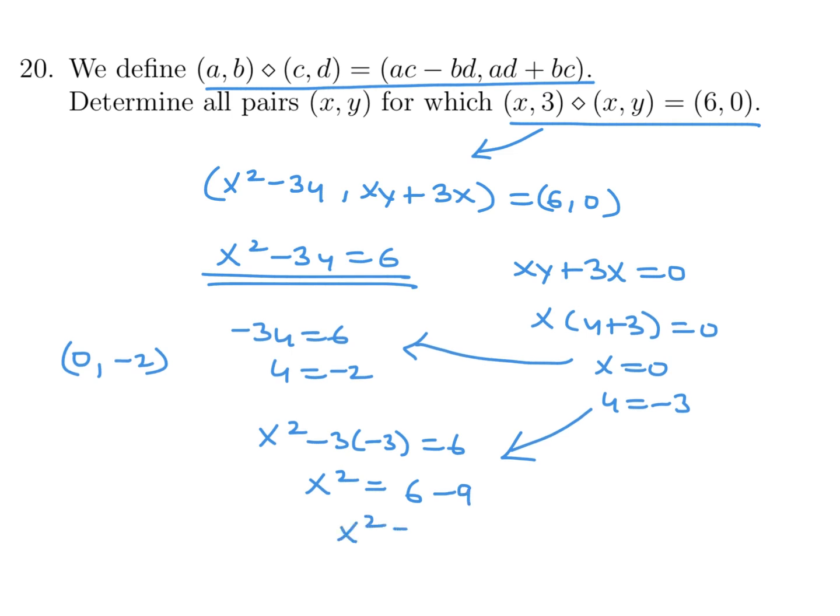So x squared would be negative 3, which is not possible, right? Because it doesn't say anything about the nature of x and y. It doesn't say if they're integers, but I'm assuming they are. Interesting. I mean, it could be imaginary, but they don't say anything about that. So I guess this is the only solution to what they want.